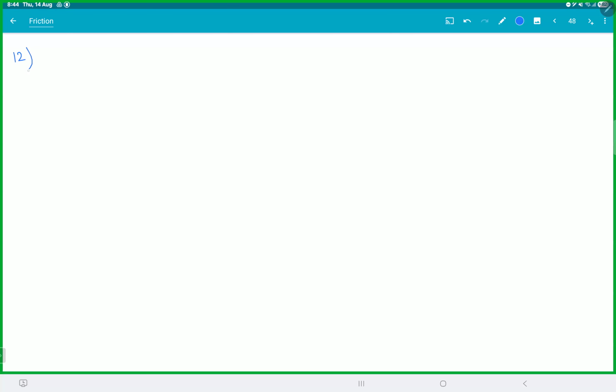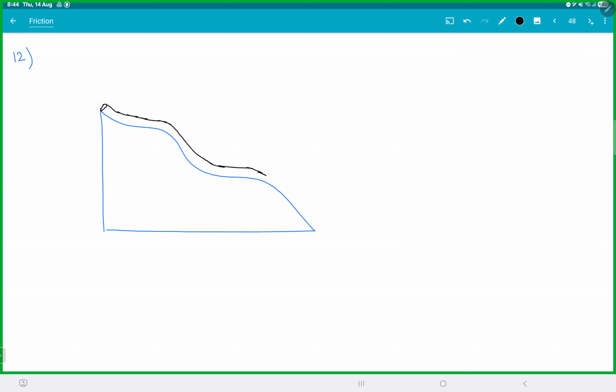Let's see one more. Let's say we have a weird incline like this. So let's say we have a rope.